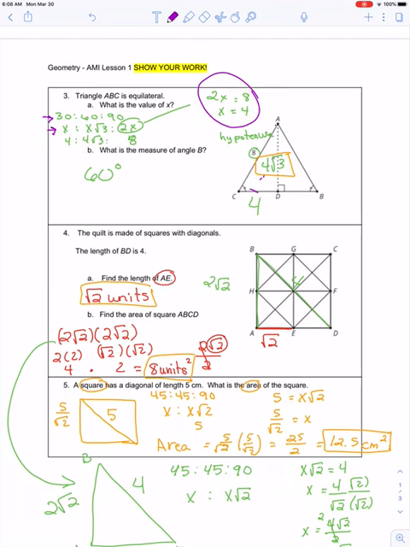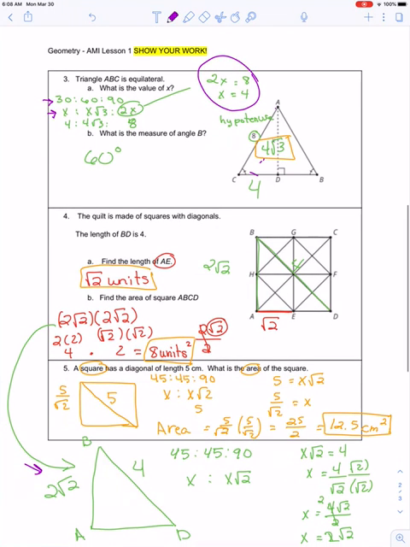Okay, number 4, the quilt is made of squares with diagonals. The length of BD is 4, and I drew that down here to show the separation of what's going on. They gave us this long diagonal piece here.